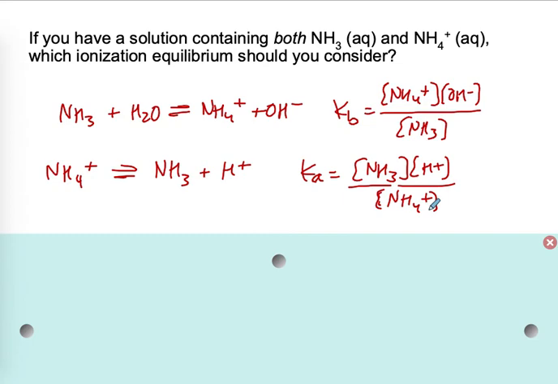As long as you pick one of the two ionization equilibria and the correspondingly correct equilibrium expression and equilibrium constant, you will get the same answer. Choose whichever one is more convenient.